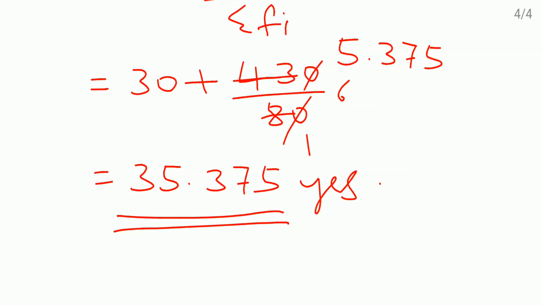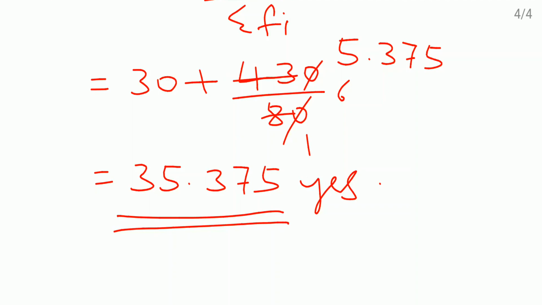What will we write down? Maximum number of patients in the hospital are 36.8 years, about the mode. Mode means maximum number of patients in the hospital are 36.8 years. While on an average, the age of patients admitted to the hospital is 35.375 years.